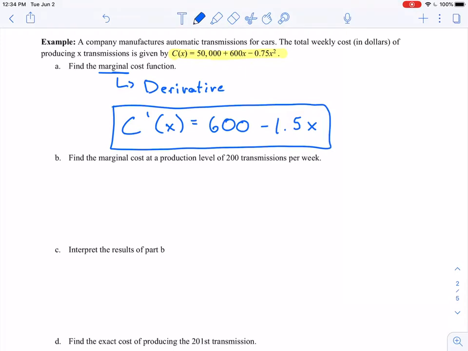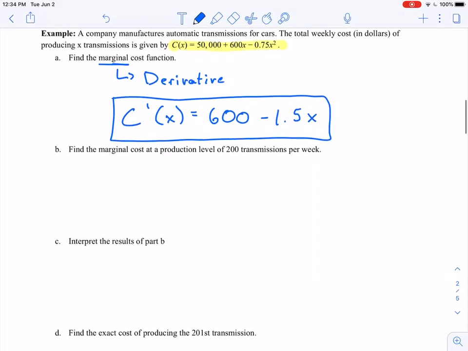Part B says find the marginal cost at a production level of 200 transmissions per week. So here they're really telling me, okay, evaluate your marginal cost function when X is 200 units per week, because X was the number of units produced, or the number of transmissions produced in this case. So I'm simply just going to take 200 and plug that into my marginal cost function.